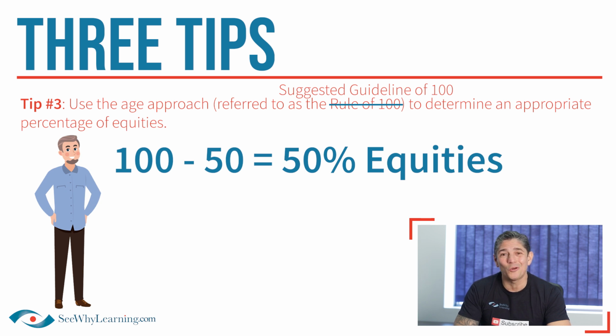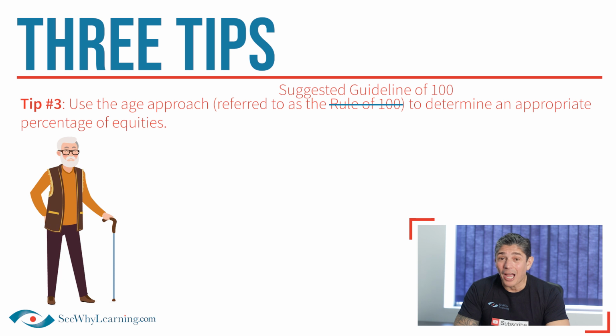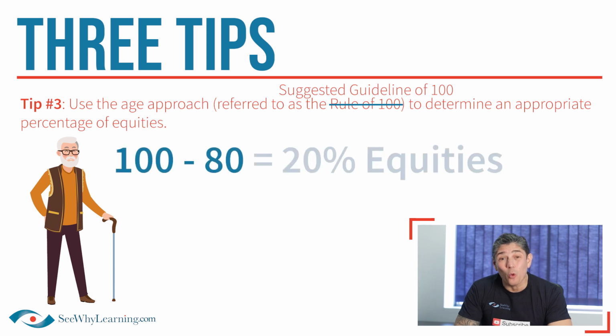This makes sense too. The person is older and may want a less aggressive portfolio. Now, what if the investor is 80? The guideline of 100 would suggest only 20% equities. 100 minus 80 equals 20. This makes sense. Being 80 years old would suggest that a less aggressive portfolio is likely appropriate.